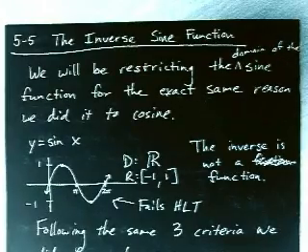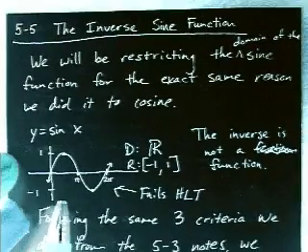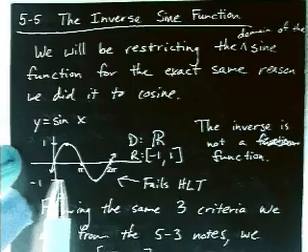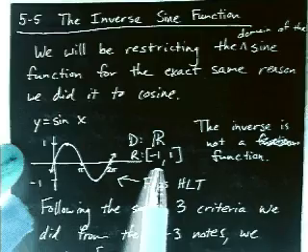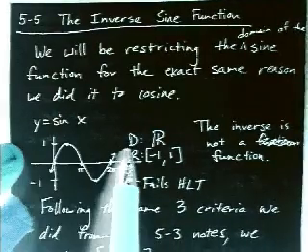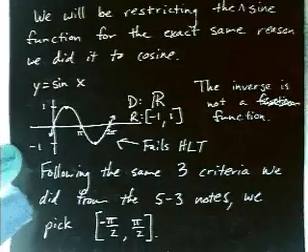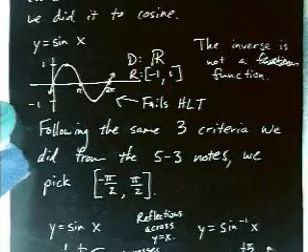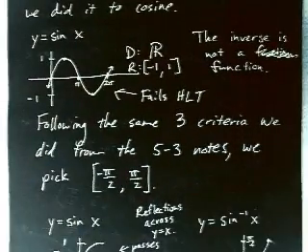So we're going to be restricting the domain of the sine function for the exact same reason we did it before with the cosine. You've got this sine function that's got a domain of all reals and a range from -1 to 1. The inverse is obviously not a function because it fails the horizontal line test, just as we talked about earlier. So if we have to go through the process of restricting the domain, we're going to go through the same criteria that we did before.